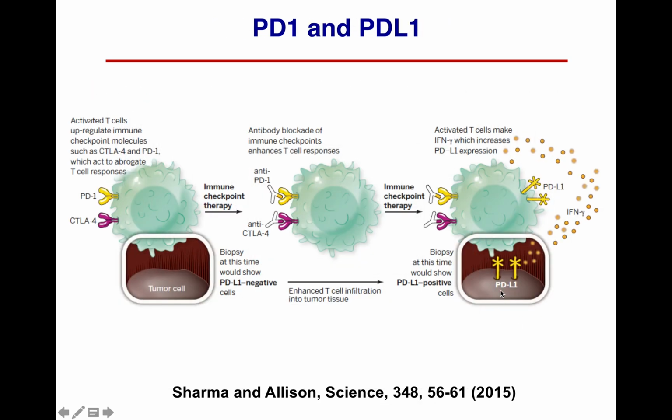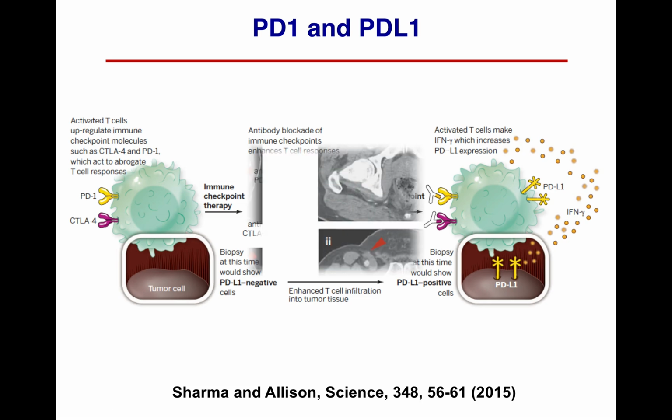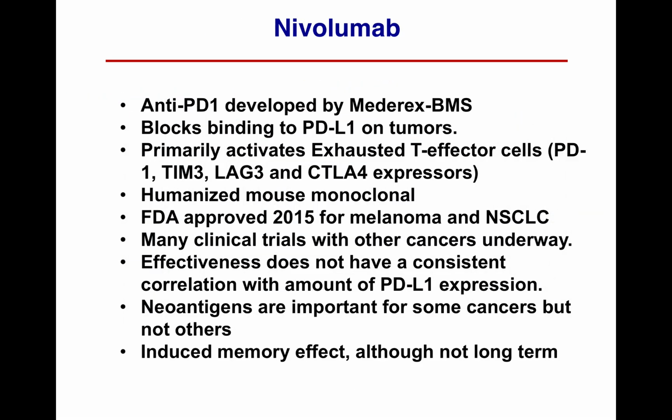So that PD-L1 here, which interacts with PD-1, is blocked. The interaction of PD-1 and PD-L1 is blocked. And it's a humanized antibody, was approved just 5 years ago, and many clinical trials are underway with it for other types of cancer.